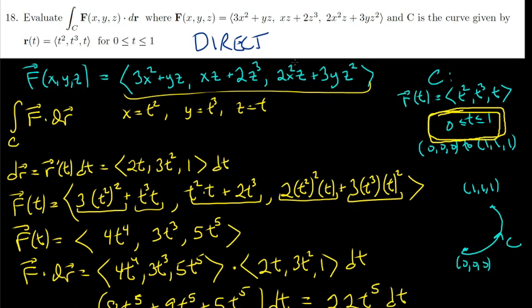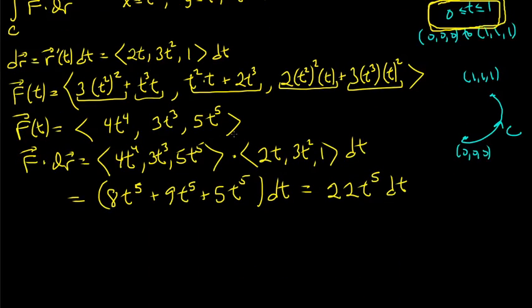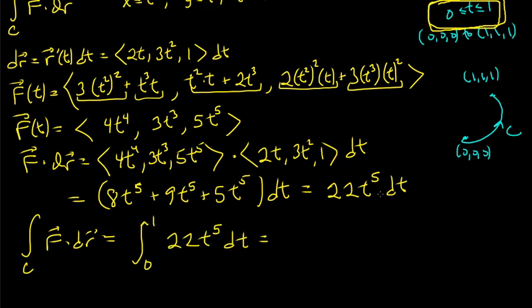Again, that was given in the problem, right? So the line integral after all that is just the definite integral from 0 to 1 of the function 22t to the 5th. So 22 over 6, t to the 6 from 0 to 1. 22 over 6 is 11 over 3.